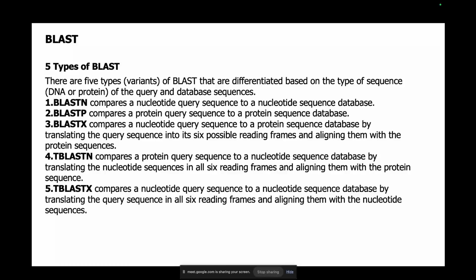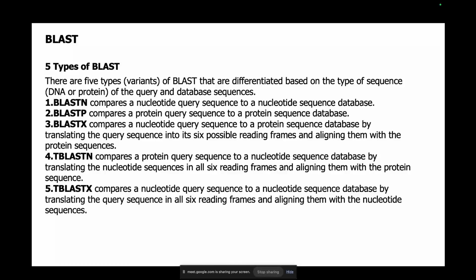But if you have any curiosity and want to know how it works, the best way is just to go and experiment on the tool itself. It's freely available. It is very easy to use. The options and everything are very easy to handle. So my suggestion would be, if you have not used BLAST before, go and give it a try. I don't think it'll be that difficult for you, because it's very easy to use software and a tool, right?